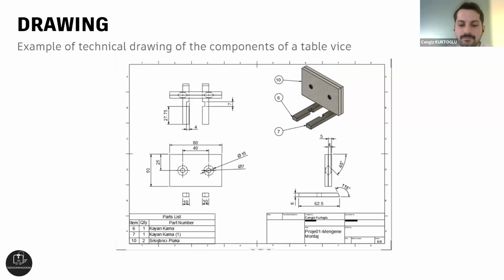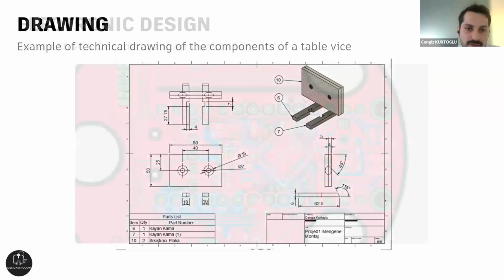On the other hand, you can create your parts as a technical drawing, as a PDF or DWG. You can use AutoCAD, which is a well-known product to create and modify technical drawings. It's very convenient if you are manufacturing your 3D models.